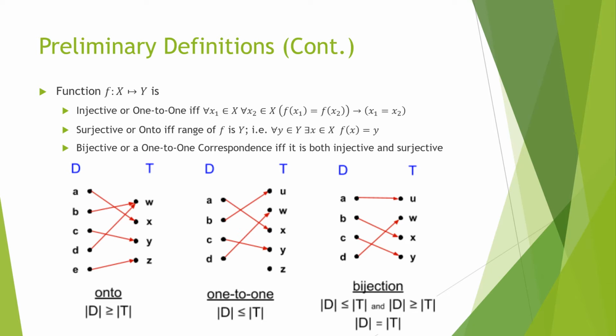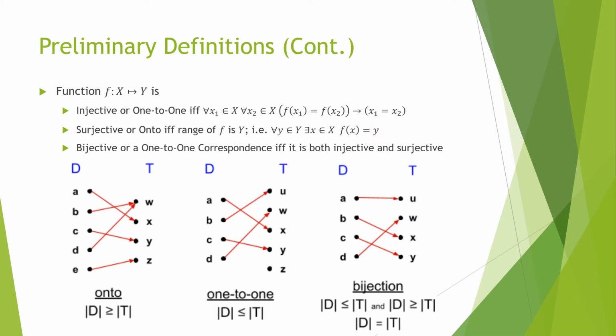Let's assume that you have a function with target Y and domain X. So f maps X to Y. We say this function is injective or one-to-one if and only if for every two elements x1 and x2 in the domain X, if they are both mapped to the same element in the target, which means that if f of x1 is equal to f of x2, then x1 and x2 must be equal.